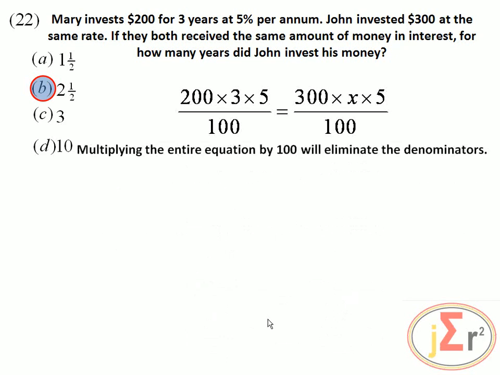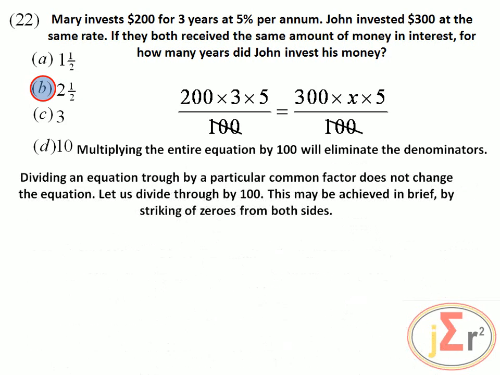Multiplying the entire equation by 100 will eliminate the denominators, so they are gone. Dividing an equation through by a particular common factor does not change the equation. Let us divide through by 100.